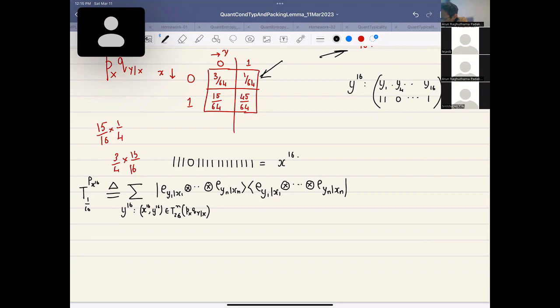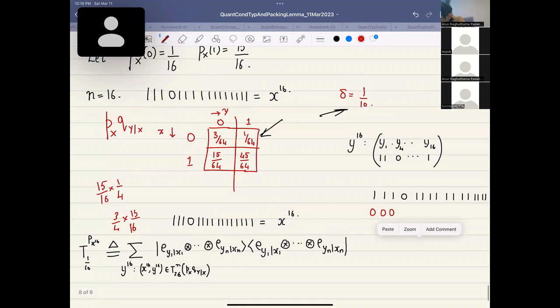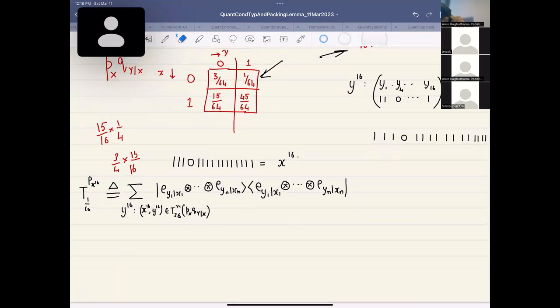But when you substitute, I'll do a little bit more detail. Suppose your yn happens to be, whenever it is 1, it should go to 1 with high probability. So let's say 1, 1, 1, 0, 1, 1, 1, 1, 1, 0.